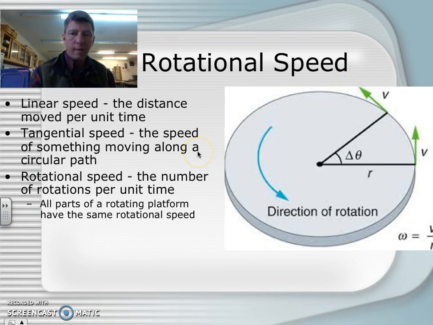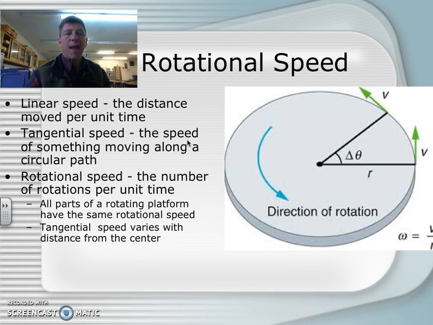On the other hand, the rotational speed is how fast something is spinning, the number of rotations per unit time. And everything on a rotating platform has exactly the same rotational speed.